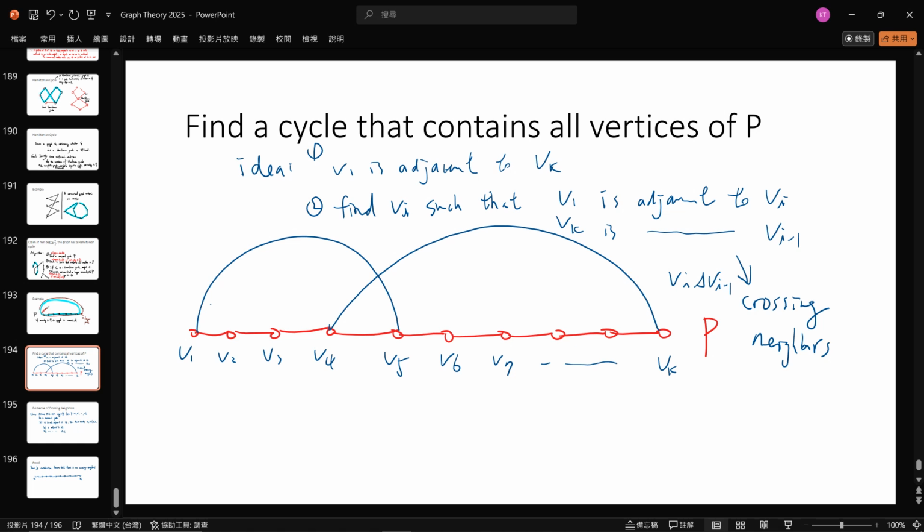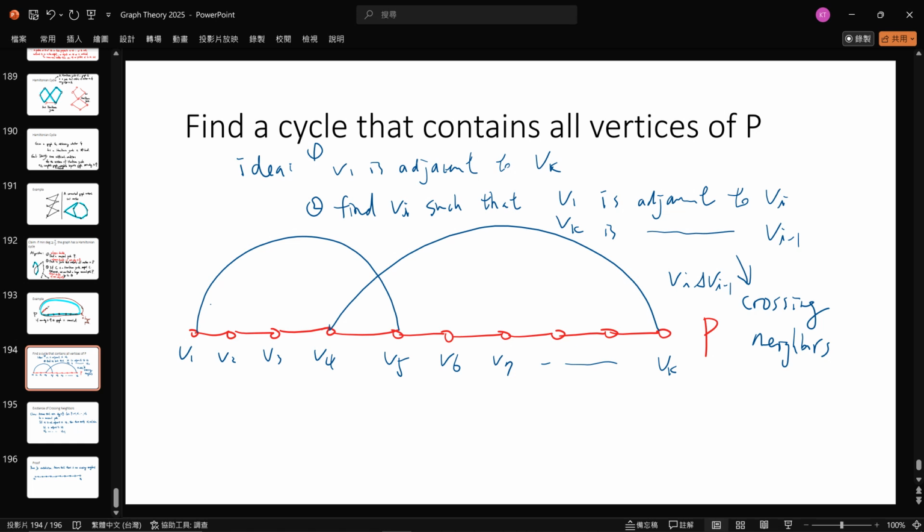Not possible, because if there were an outgoing edge, we could have a longer path. Right. Because we assume that P is a maximal path, all the neighbors of the two endpoints must be on the path. If a neighbor of Vk is not on the path, then we can extend the path.